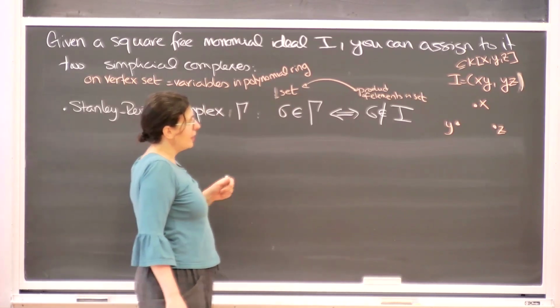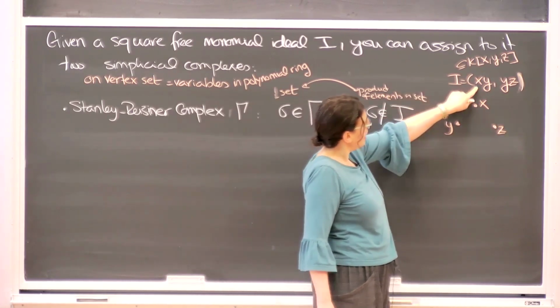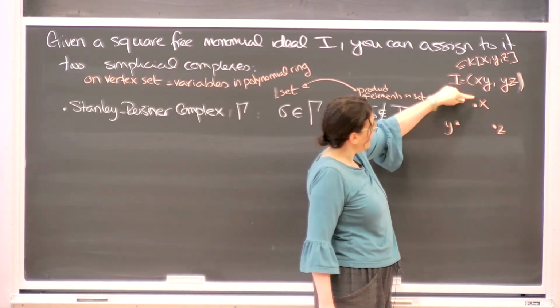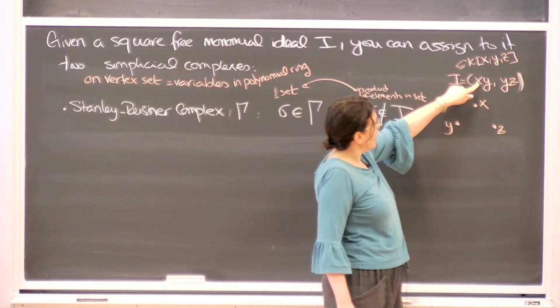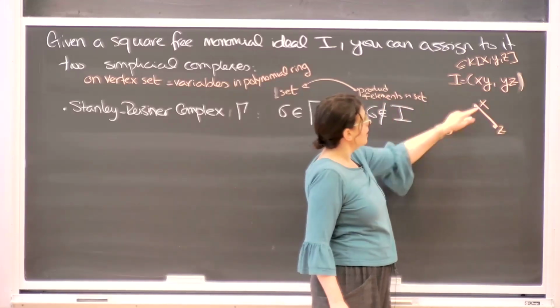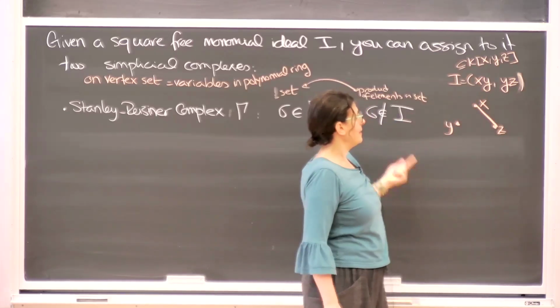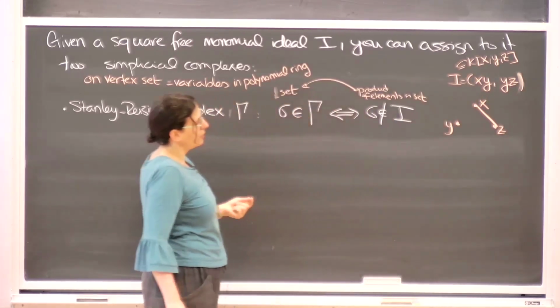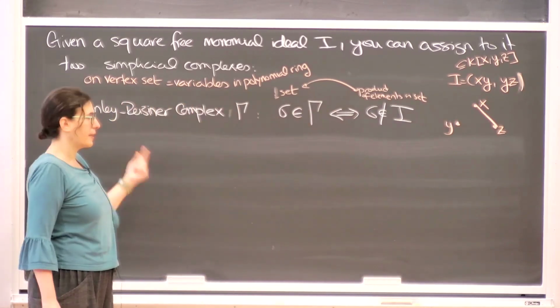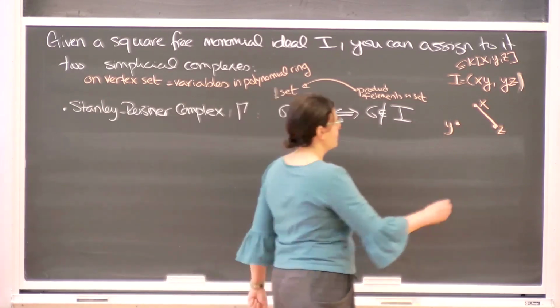And then the faces: x times y is in the ideal, so x and y are not connected. X times z is not in the ideal, so x and z are connected. Z is not connected to x, and it's connected to y. So that's going to be your gamma.